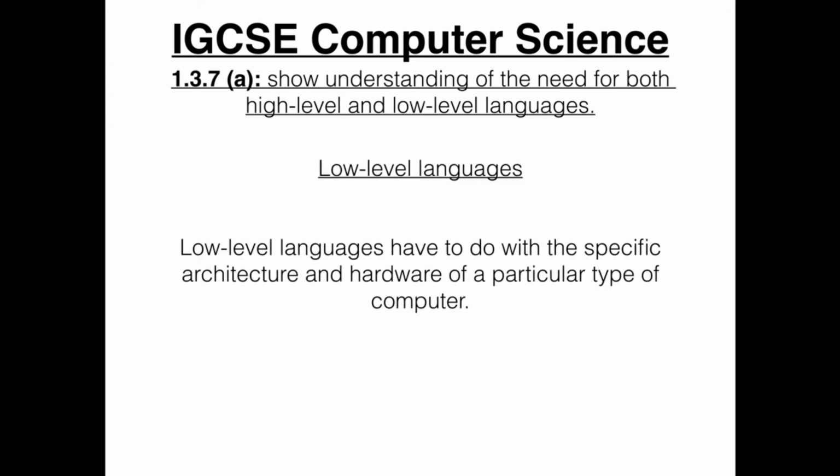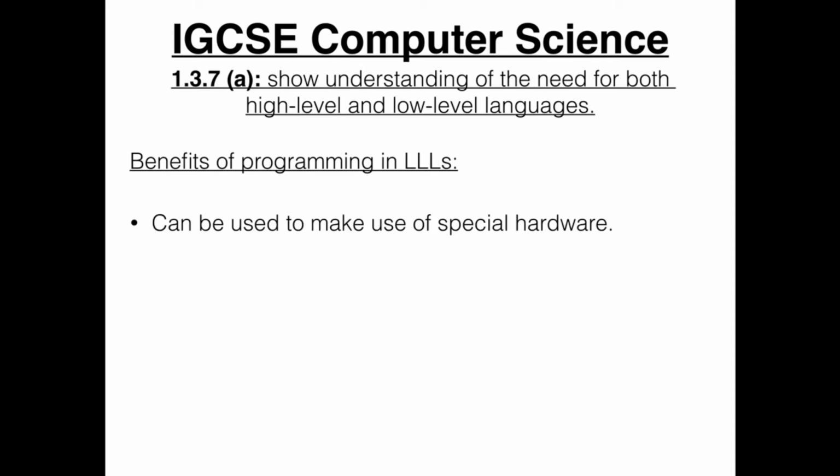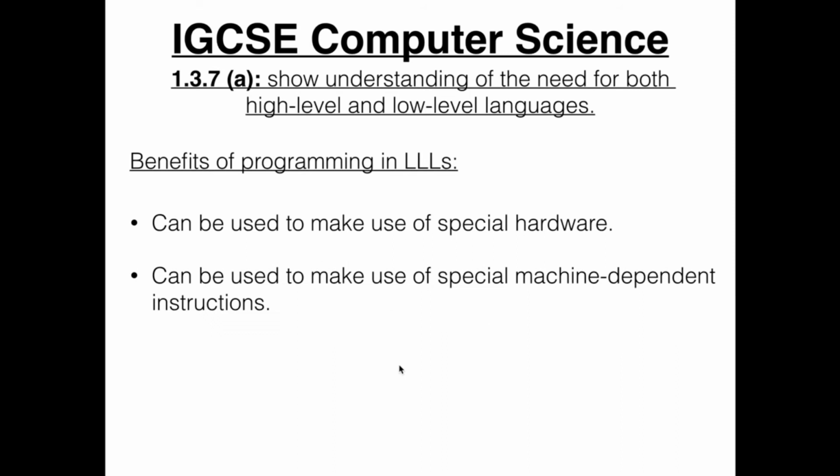Speaking of which, low-level languages have to do with the specific architecture and hardware of a particular type of computer. The benefits of programming in low-level languages, and you'll see when we look at the code that it's pretty hard, are that it can be used to make use of special hardware and special machine-dependent instructions.